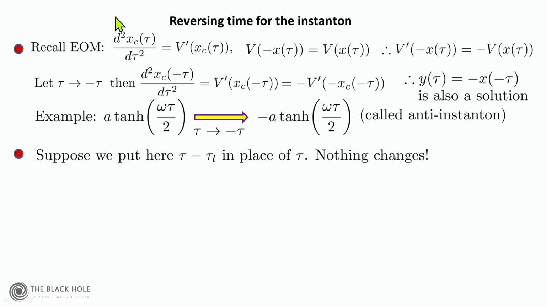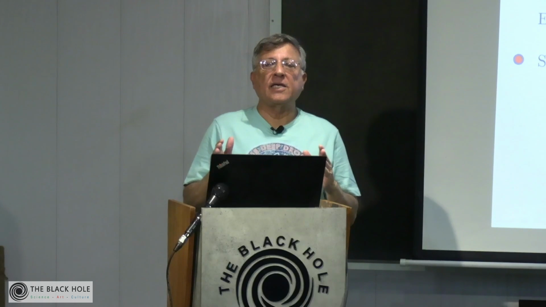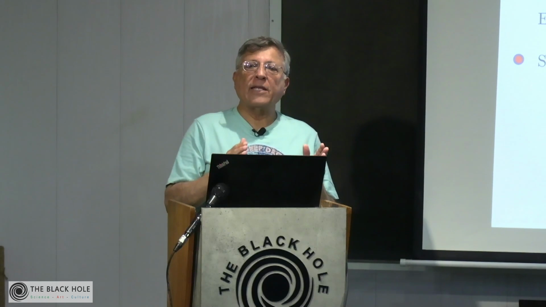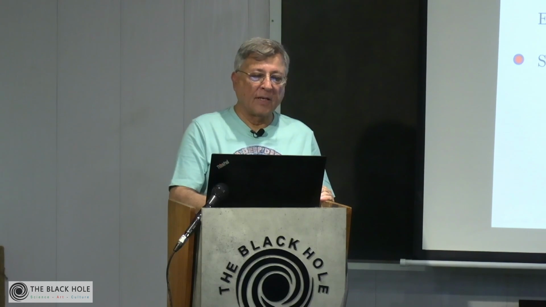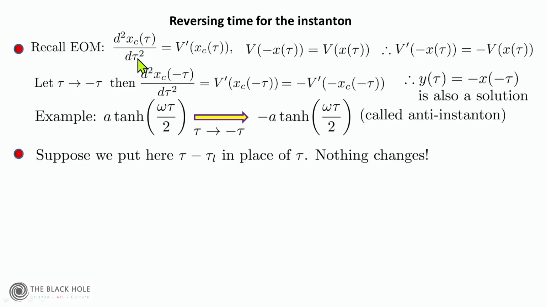The other remarkable thing is that it doesn't matter. You see, we don't know when the solution will cross zero, because here, if I put instead of t or tau minus something, any constant, nothing changes because this dt squared is invariant.